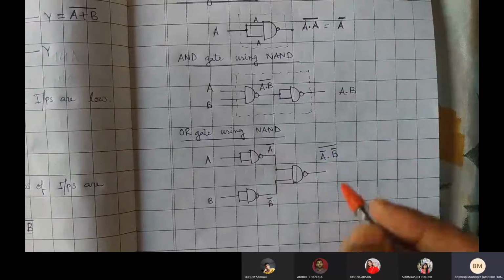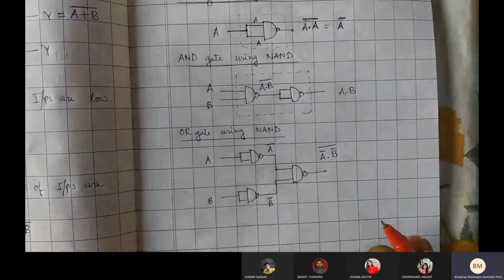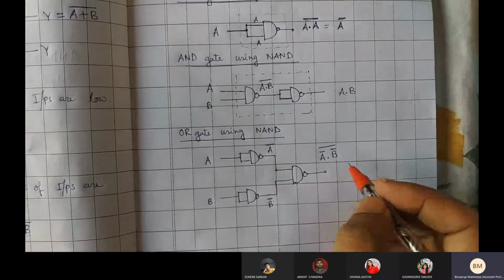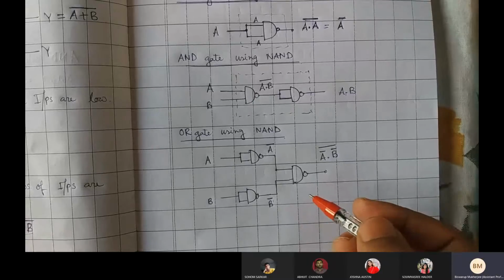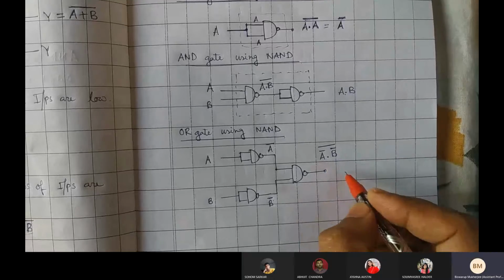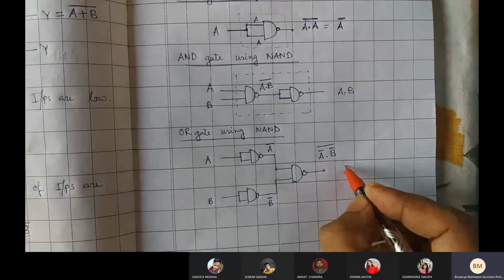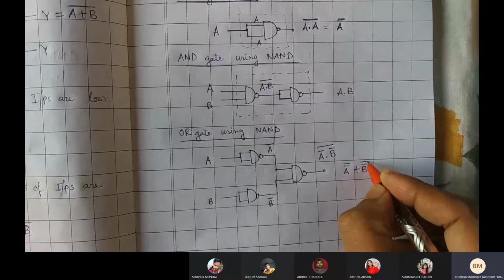Now, A bar dot B bar whole complement, we'll be discussing further. There is a law, actually a theorem, called De Morgan's theorem. We'll be discussing that right today. So this can be written as A double bar plus B double bar.